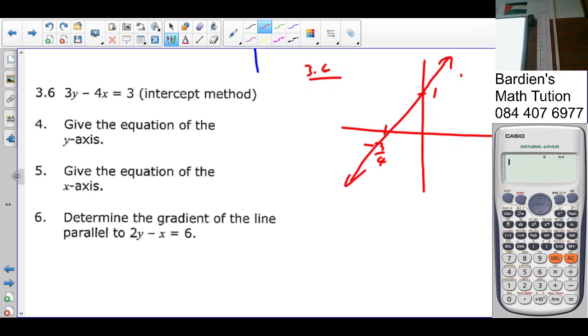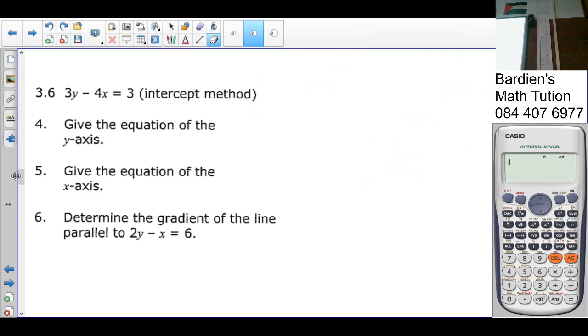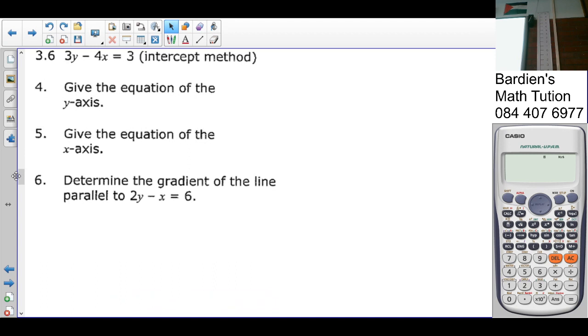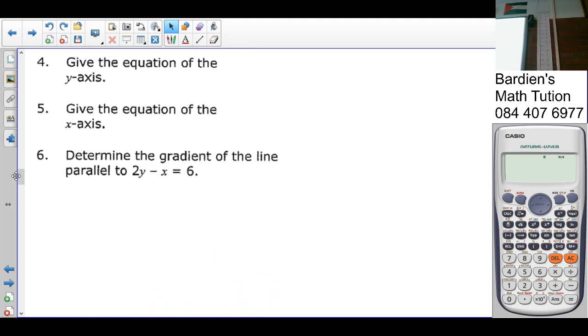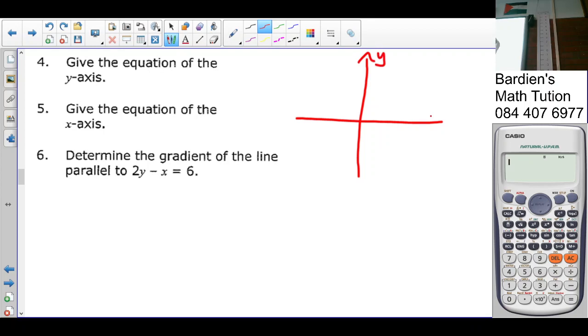Okay. Now in question 4, they ask you to give the equation of the y-axis. Who can tell me what's the equation of the y-axis? What's the equation of this line here?